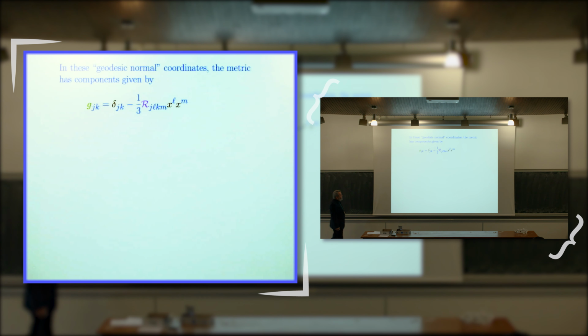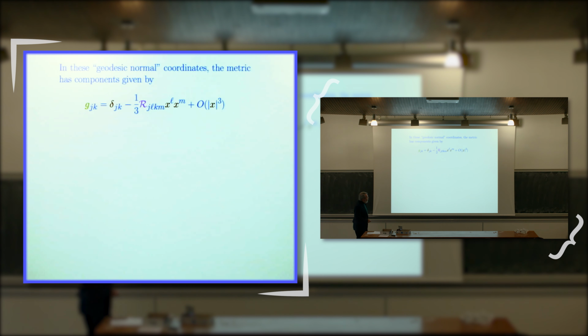The point is that if you write down the metric in these preferred coordinates, to lowest order, it looks like the Euclidean metric, where if you think of the metric as just given by a symmetric n by n matrix, it looks like the identity matrix plus, and then you can look at the Taylor expansion of the components of the metric in this coordinate system. And there's no linear term. The first non-trivial term is quadratic, and then there are cubic and higher order terms.